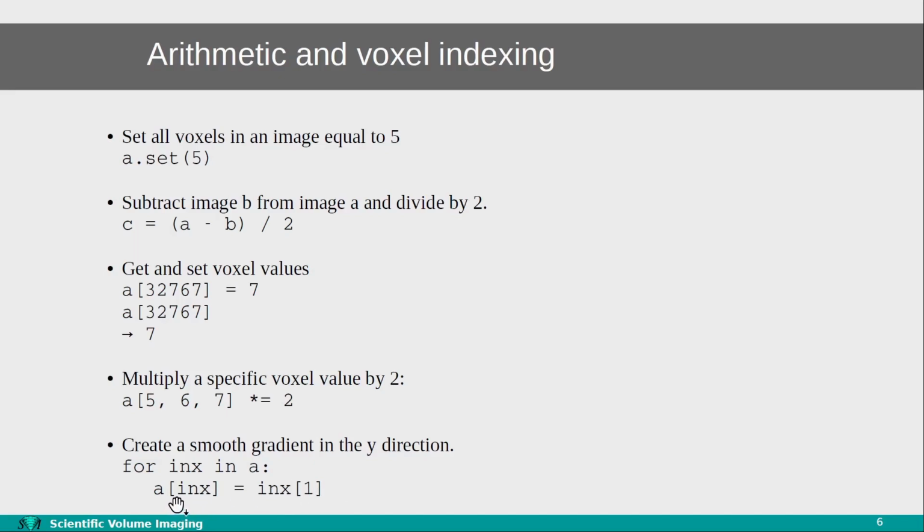So what we're doing here is we're setting the voxel value of each voxel in the image equal to the y position of that voxel. So that'll mean that you'll get a simple smooth gradient in the y direction. Now of course this isn't very useful, but in general you can do all kinds of complicated operations in this way.